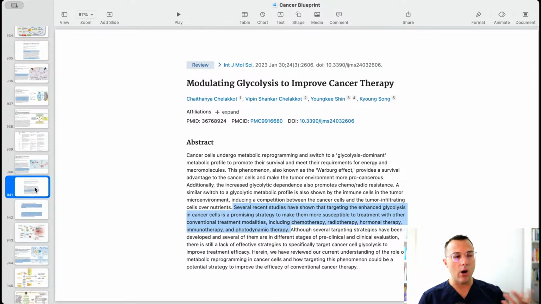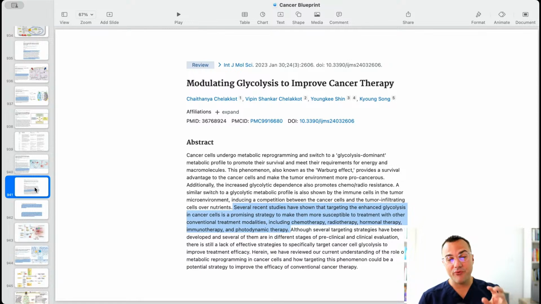It's going to make it not work as well, or radiotherapy, or whatever therapy they're using. And in most cases, of the nutraceuticals, of the off-label drugs, etc., that are used for cancer therapy, generally that is not true.